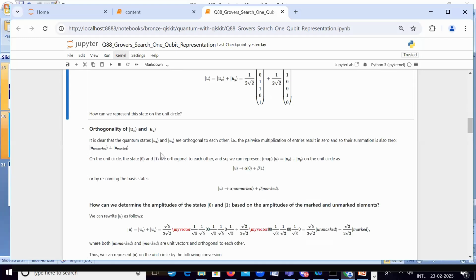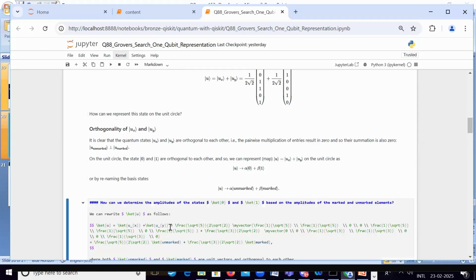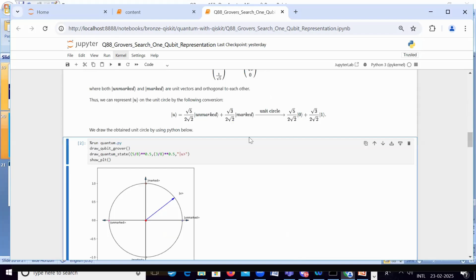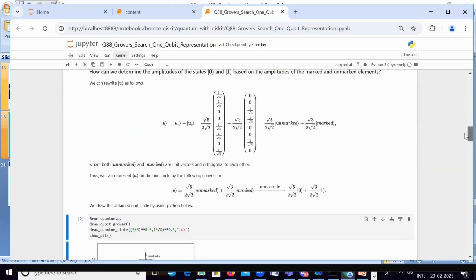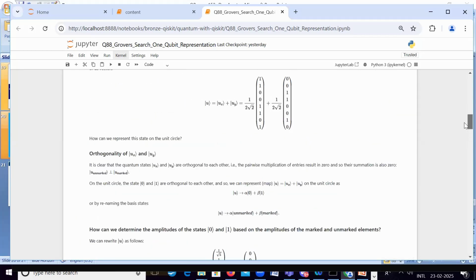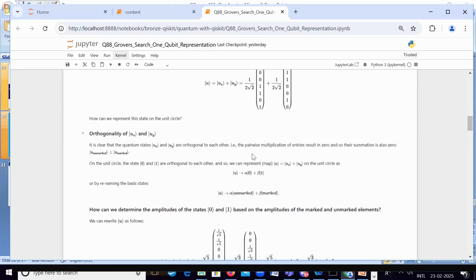Now, orthogonality is also being used here. By saying orthogonal to each other, the multiplication of the entries results in 0, which is the condition to be satisfied in orthogonality.